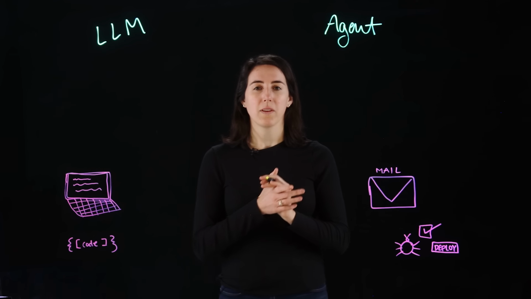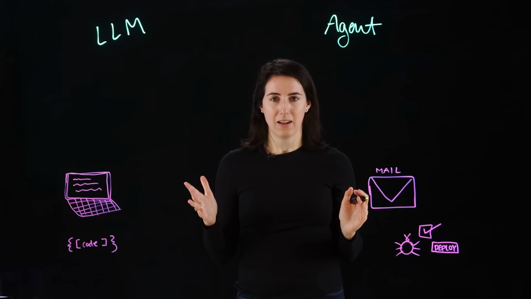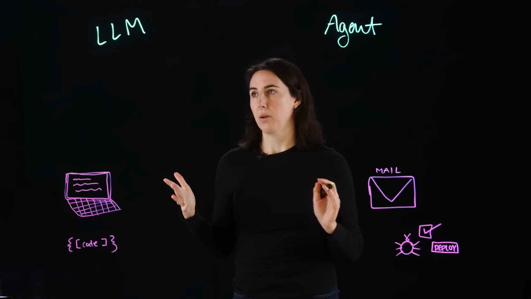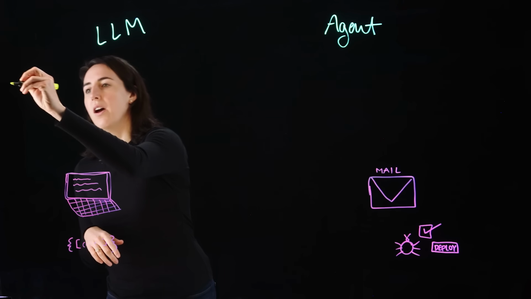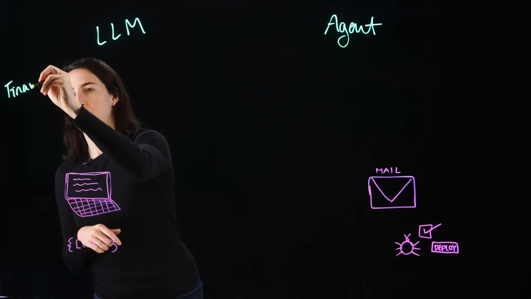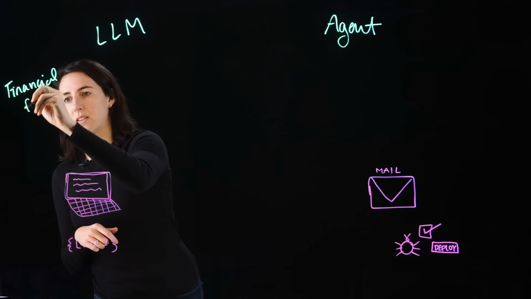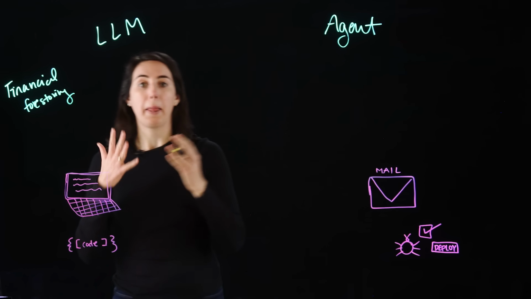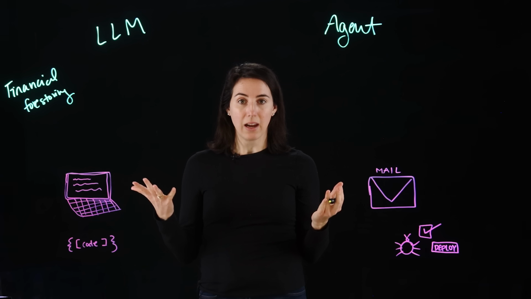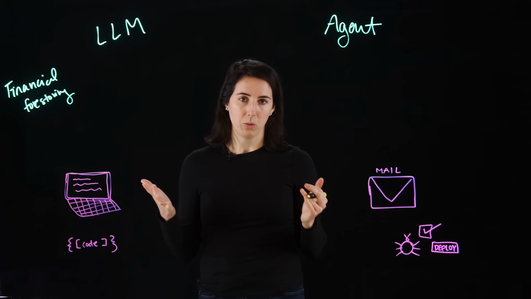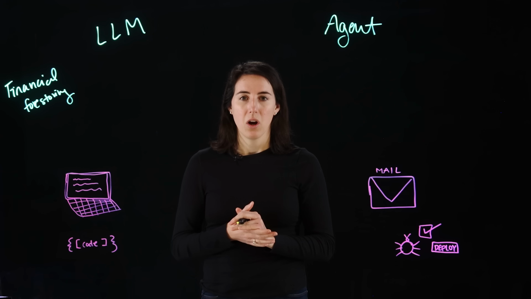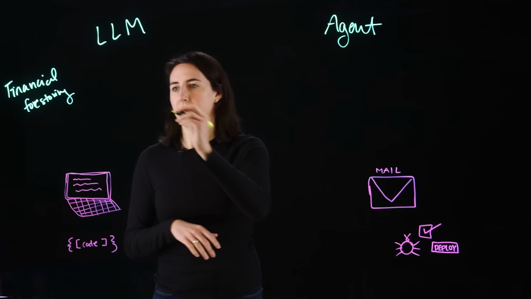All right, so some very specific examples, and I'll give you an LLM use case and an agent. So let's first talk about financial forecasting. If we wanted to use an LLM use case, we might ask a simple question like performance trends in a data set or model output.